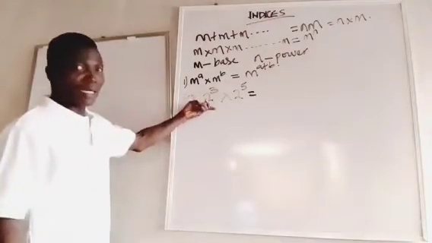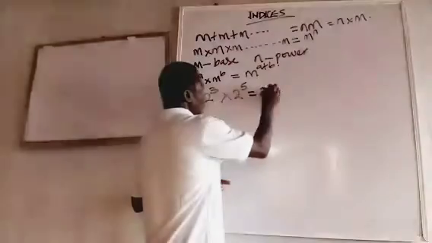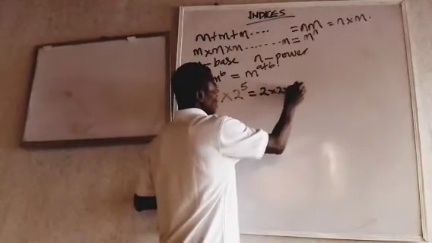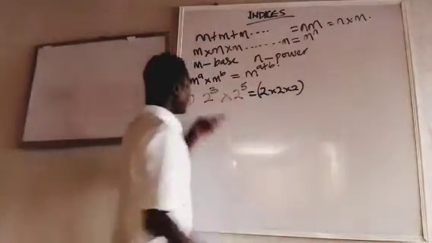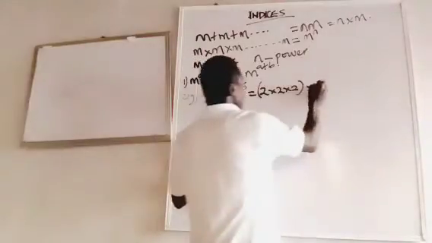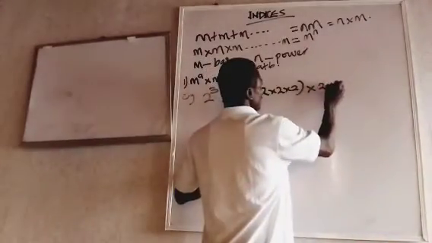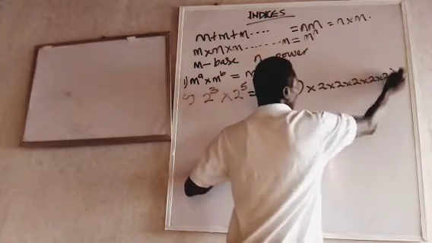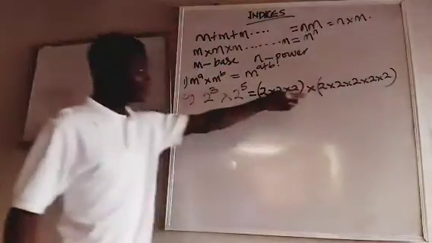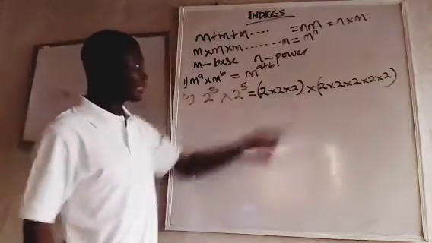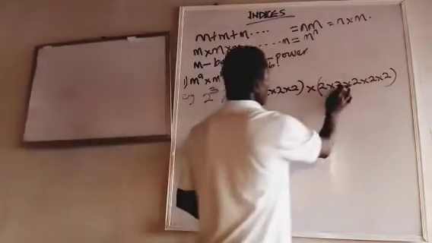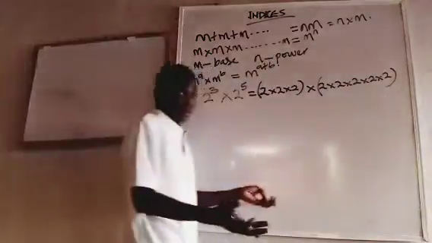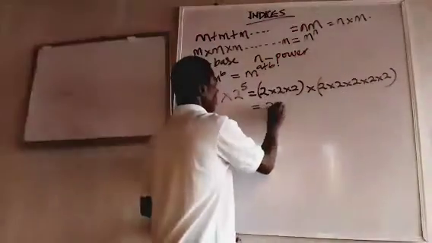Let me multiply this out. It's going to be 2 times 2 times 2, times 2 times 2 times 2 times 2 times 2. You can see. So by the time I count it now, it will be 1, 2, 3, 4, 5, 6, 7, 8. Straightforward, you can see. So it's going to be 2 raised to power 8.